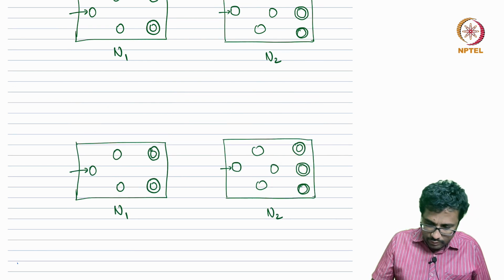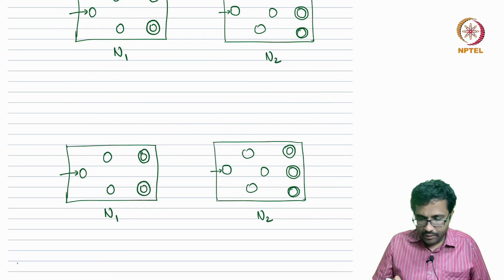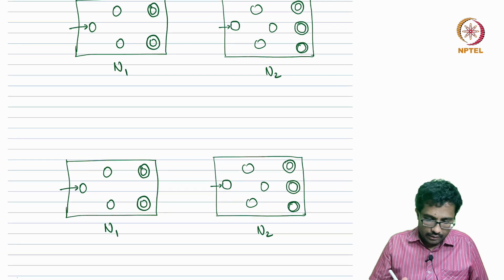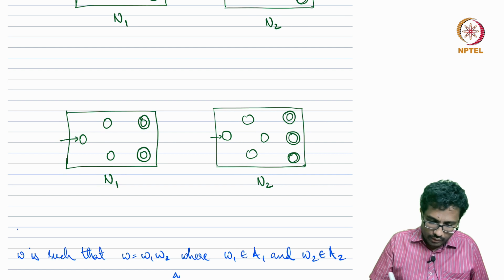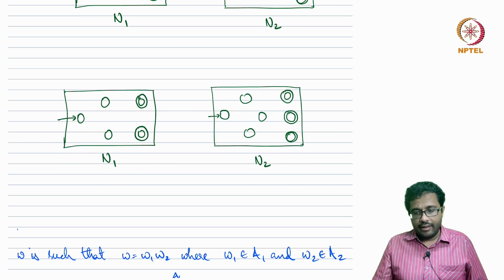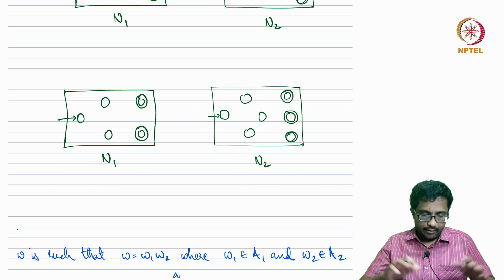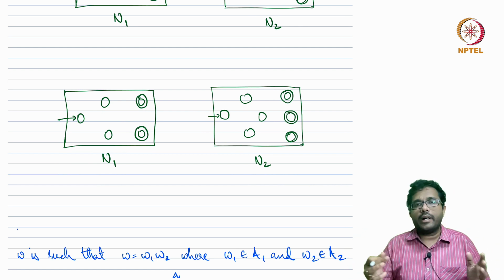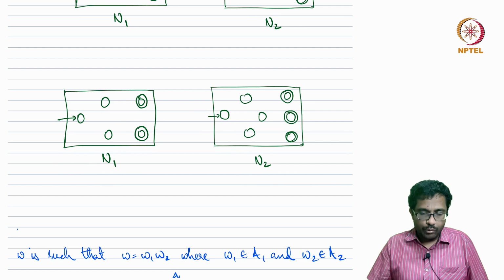This will be our working copy. Now we want to add things to this N1 and N2 and make it into one machine, such that this one machine accepts the concatenation operation.